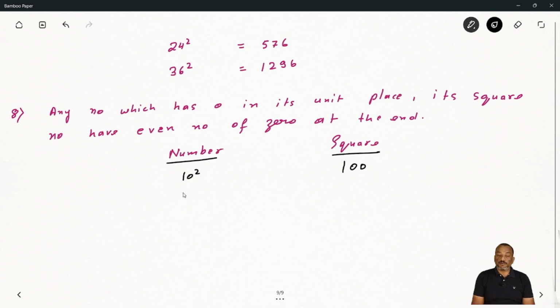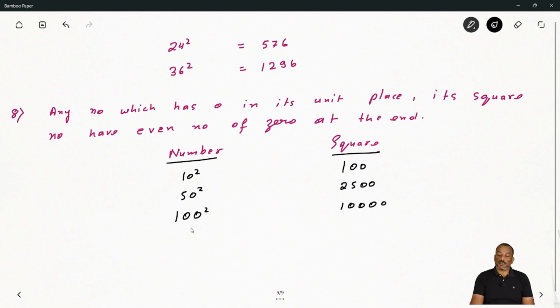If you have 50, 50 has how many 0, 1 zero. So 50 square you will get how much, 2500, an even number of 0. Same way you can see 100 square. 100 has 2 zeros. So their square will have double, so you will get here 10,000.